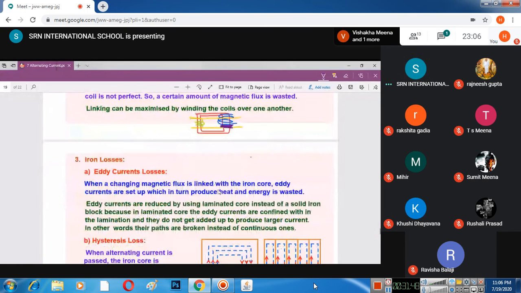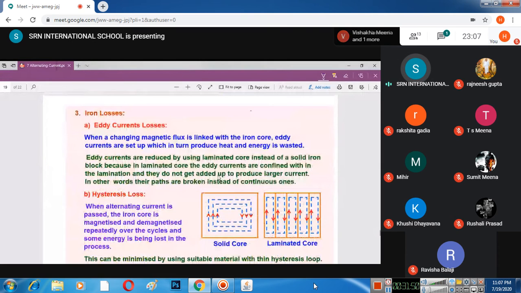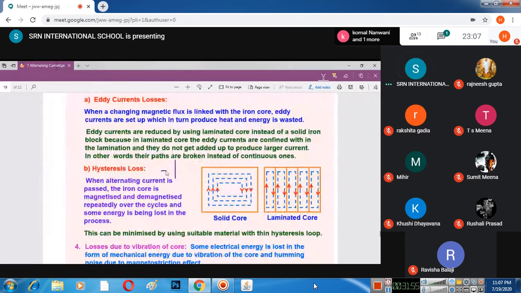Okay, now next, hysteresis loss. In the previous chapter we have studied about the hysteresis loop. If we flow a current into the transformer coil, the primary coil and the secondary coil, then the core of the transformer gets magnetized, because if you allow a current to pass through the transformer, the iron core also gets magnetized.